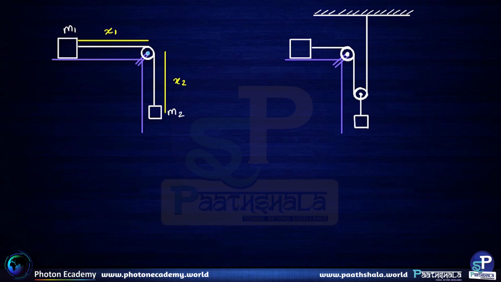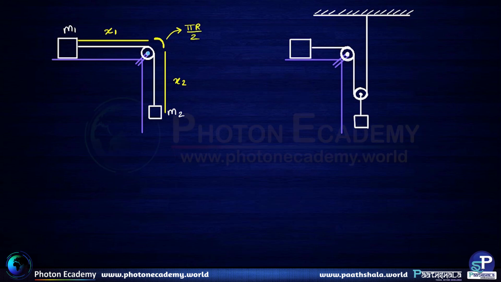So there is a 2 pi r divided by 4, which is pi r by 2 component present over here, but we are going to ignore that much part of the length of the string, not because it is less in magnitude, but because it is constant.